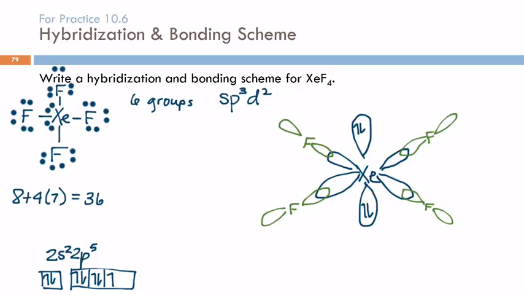Now, we're not done yet because we need to label the bonds. So there's only one kind, though. Yes? What is the point in drawing it? That's a good question. It's kind of redundant if you understand.